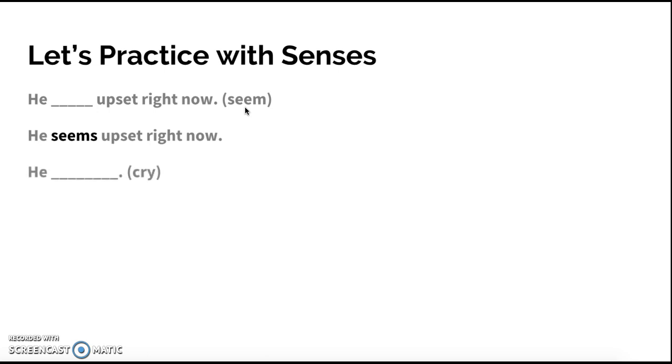Well, cry is an action, right? So, are we talking about right now or as a habit or a fact? Well, it's weird to think of crying as a habit, right? I don't think anyone cries as a habit. So, we'll say it's right now. He is crying.